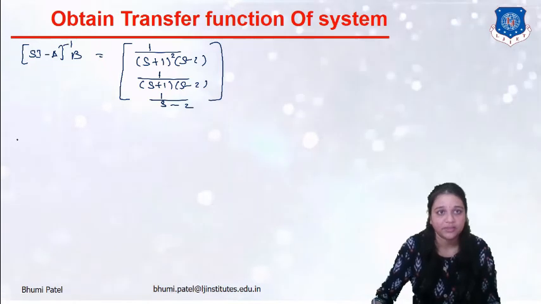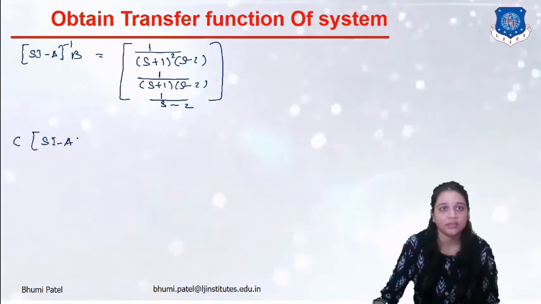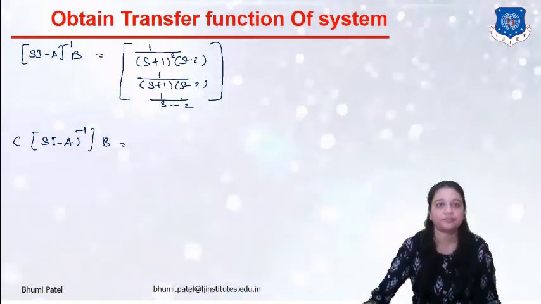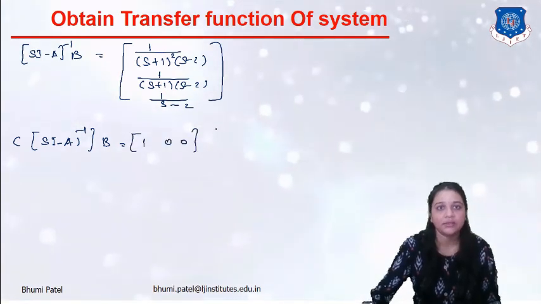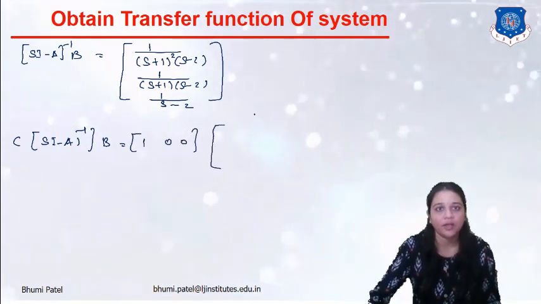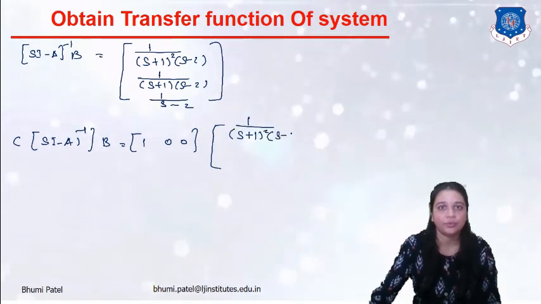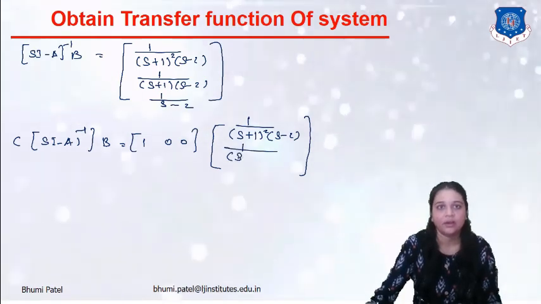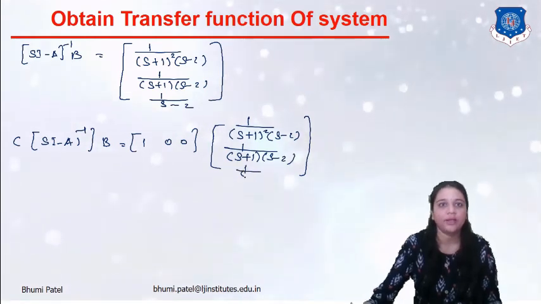Now the transfer function is C into sI minus A inverse into B. So we can multiply the C, value of the C is 1, 0, 0 and the sI minus A inverse into B is equal to 1 upon S plus 1 square S minus 2. The second term is 1 upon S plus 1 S minus 2 and the third is equal to 1 upon S minus 2.